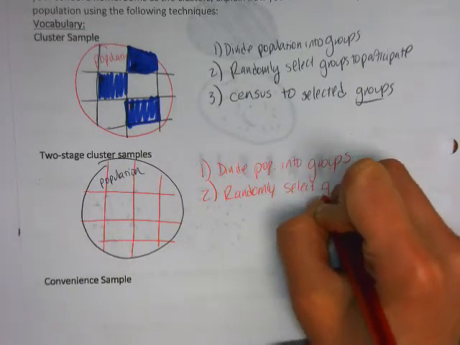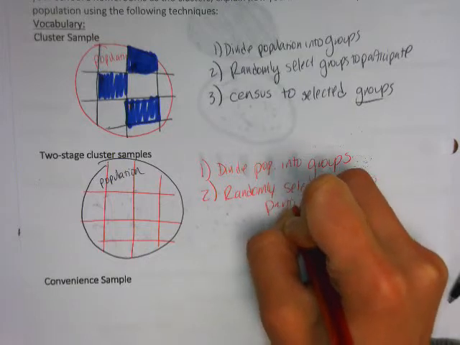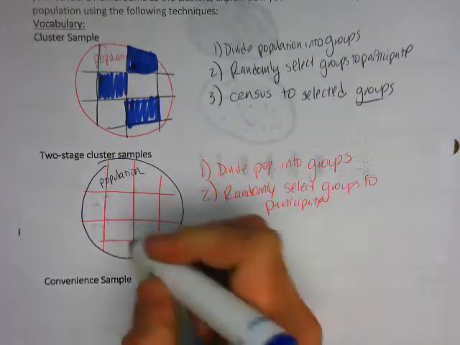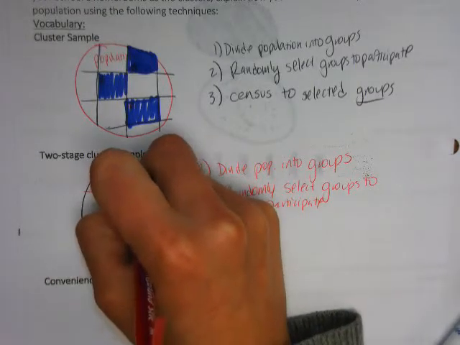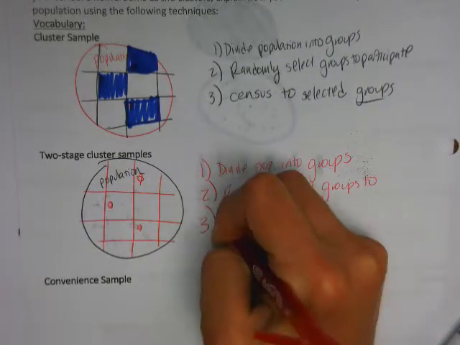So this is very similar. Randomly select groups to participate. Let's make it the same 3 as before. How about this one, and this one?